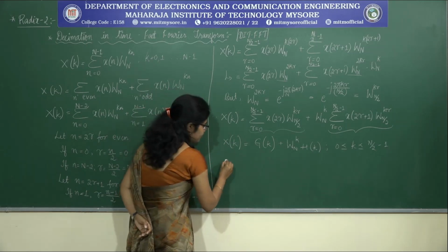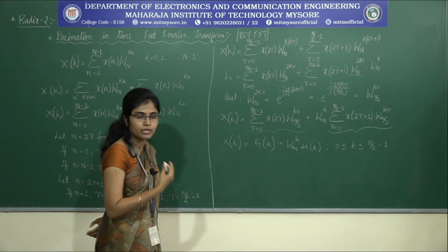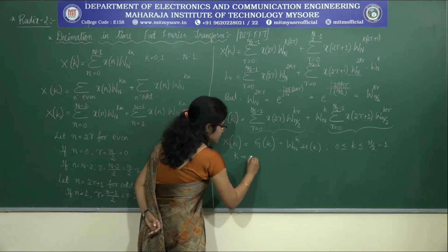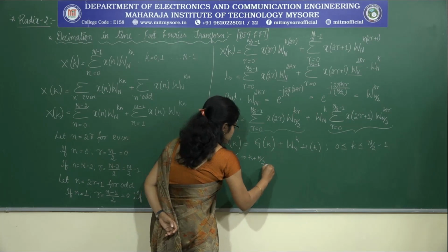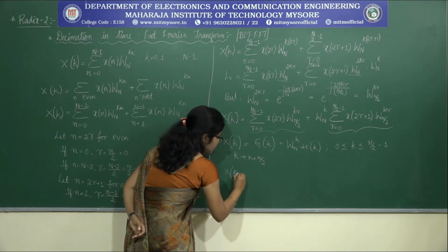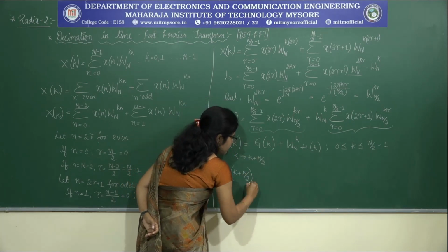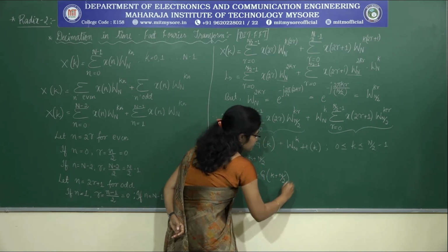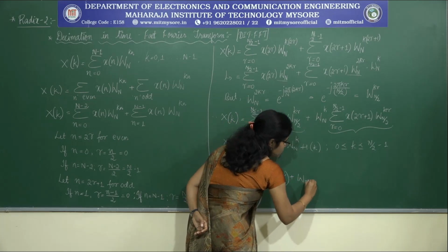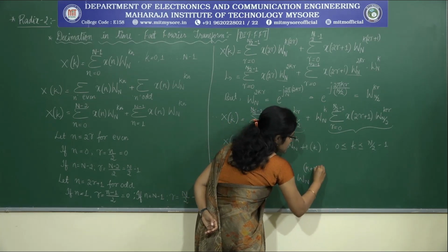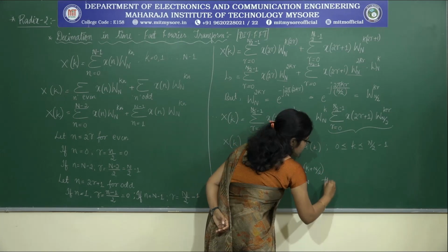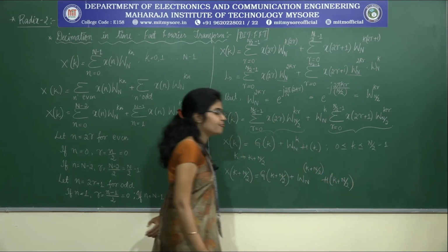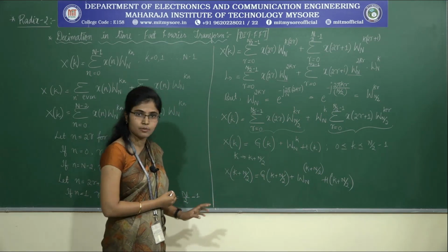Now if I need to find out the value of X of k plus N by 2, what happens? Let us see. That is, replace k with k plus N by 2. So X of k plus N by 2 will be equal to G of k plus N by 2 plus omega N to the power of k plus N by 2 into H of k plus N by 2. Okay. We have already studied the periodicity property.